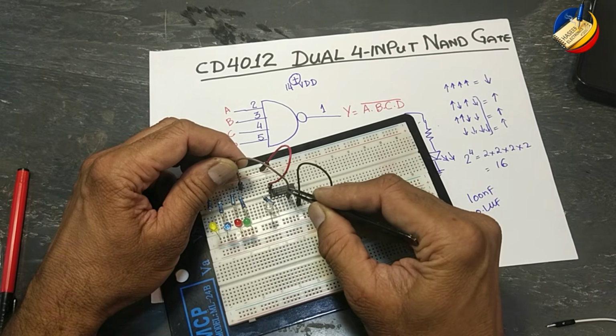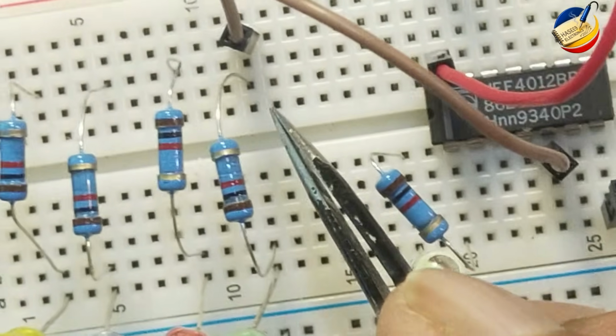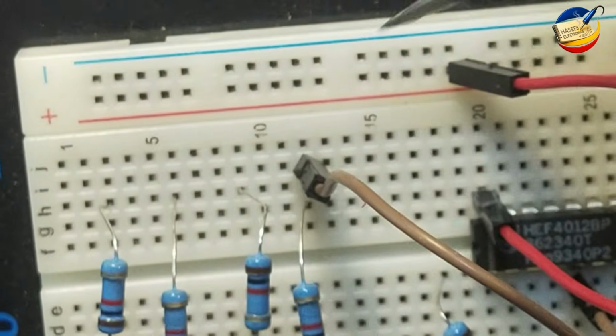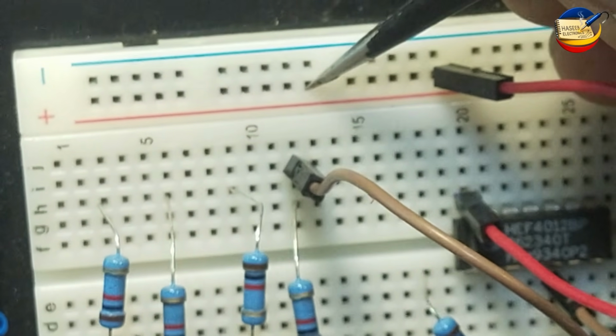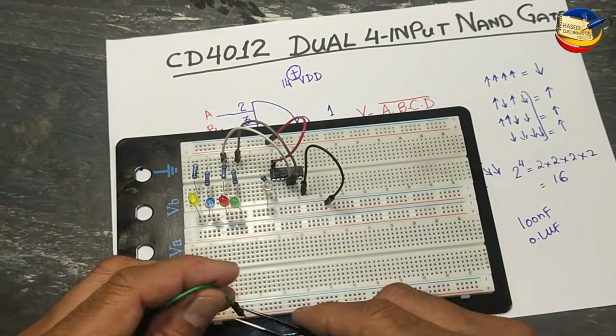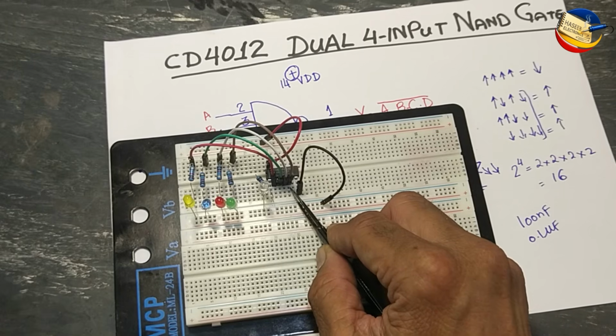Pin number 5, LED anode, cathode, resistor second side. It is connected to pin number 5. This point will be connected as input signal. We will connect here positive or negative. I connected input signal at pin number 2, 3, 4, 5.